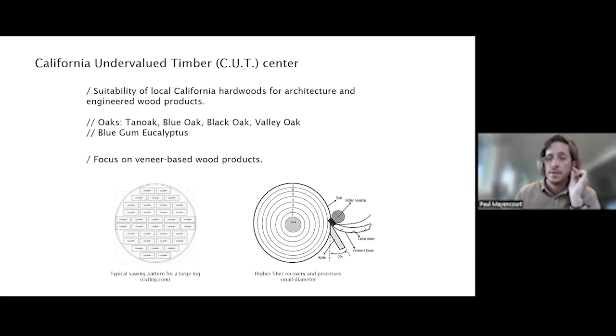And finally, using the newer lathe technologies for veneering trees, you can access much smaller diameter trees and actually recover some fiber from them. Because if you try to get a 2x4 or 2x6 out of a small diameter tree, it's going to be really hard, but you can get quite a bit of veneer from it with the newer technologies.